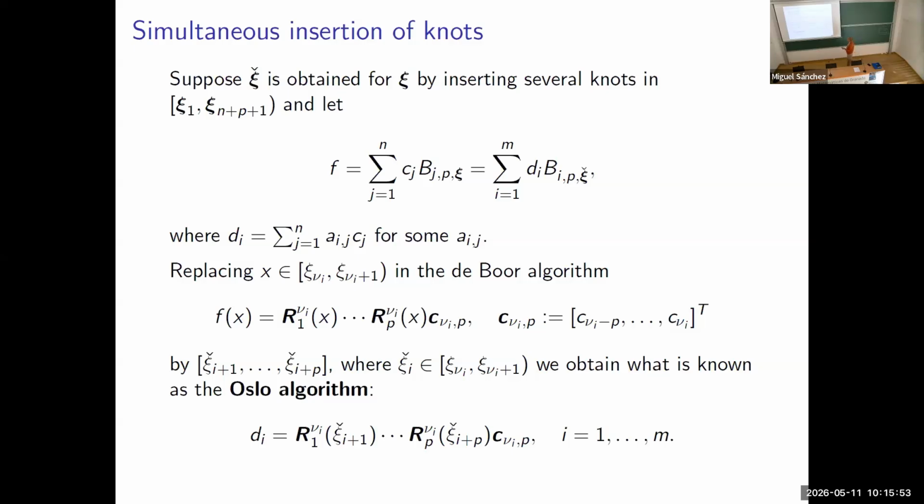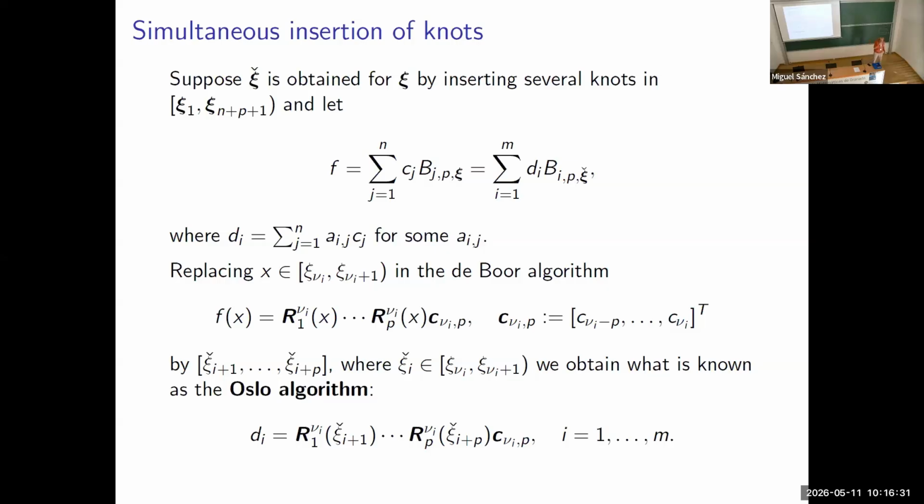Here is sort of the Boehm algorithm computing f of x as a sum of product of matrices. And you have this c nu i p, which are these p plus 1 coefficients. But now suppose we replace these x's by these numbers here, xi check i plus 1 to i plus p, where xi check is in the interval nu i plus 1. Then we have what is known as the Oslo algorithm, where di is simply equal to that.